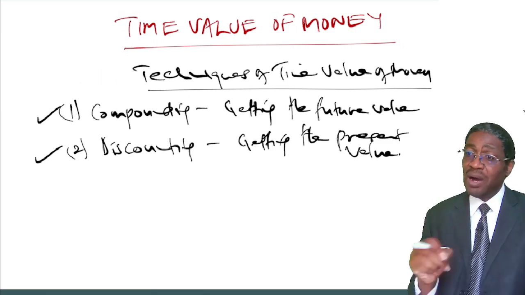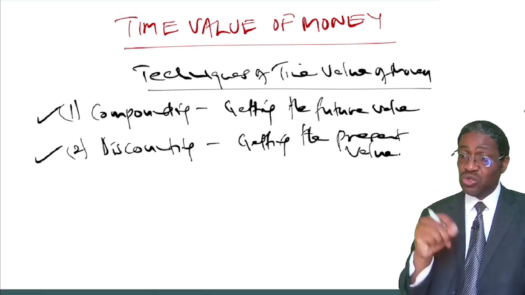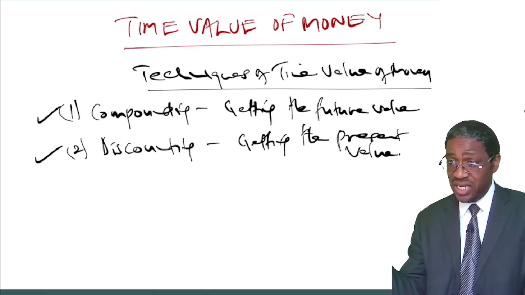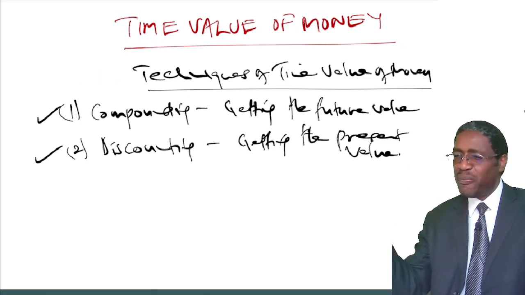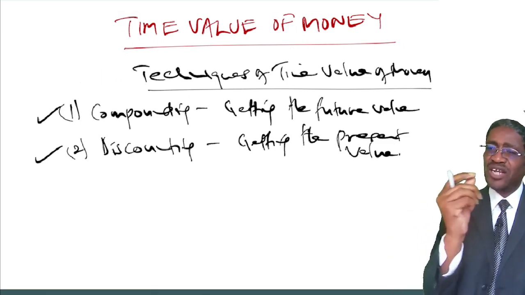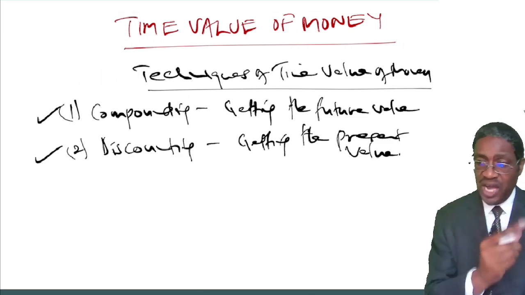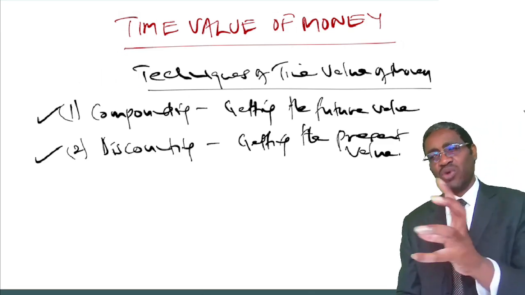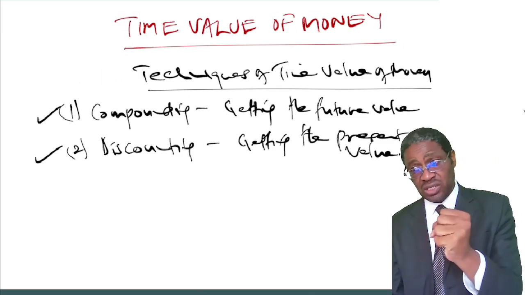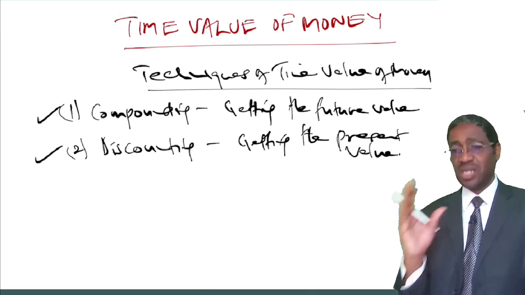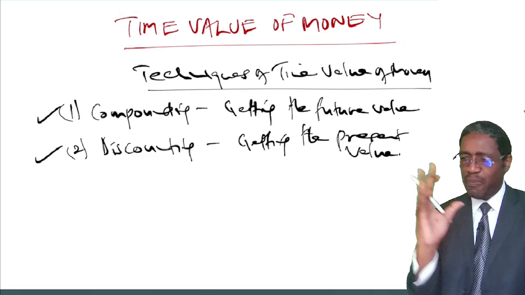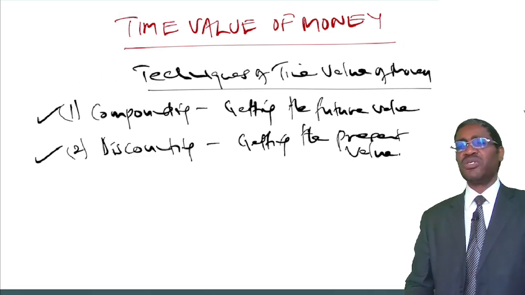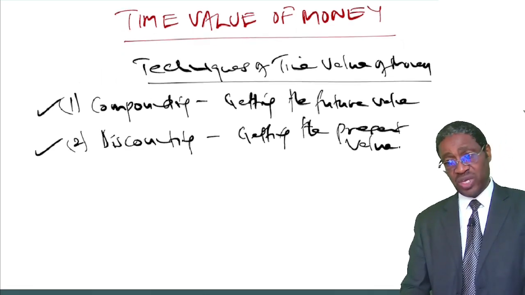To know the amount you should invest now, for you to get 1 million 10 years later, you need to get the present value of that 1 million. That is what we called discounting. Discounting is where you get the present value of a certain amount.